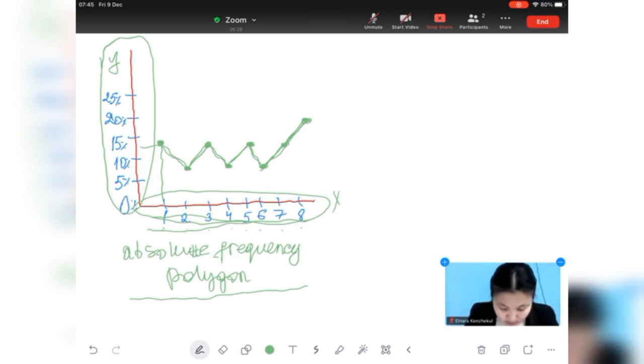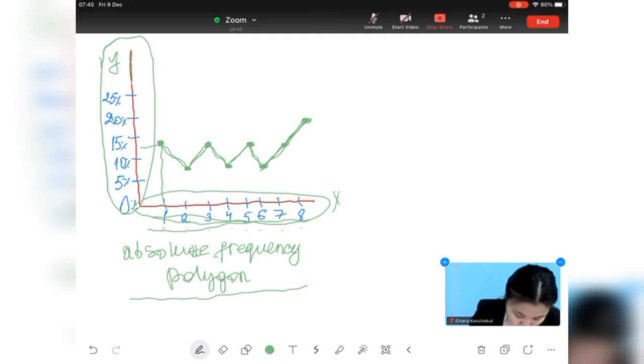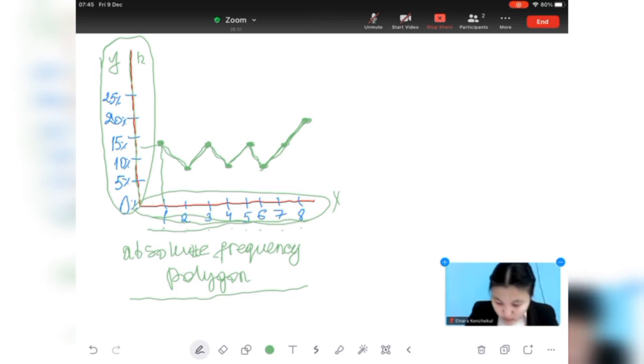Second, show the frequency n on the y-axis. Here we have shown the absolute frequency n. The coordinate is equal to n.